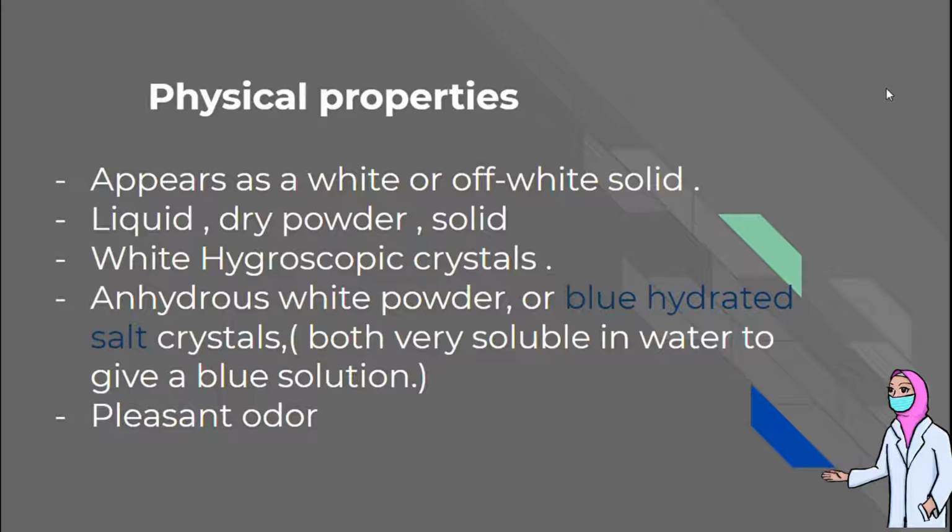It is also a liquid or dry powder or solid. The other names are white hygroscopic crystal and anhydrous white powder, or blue hydrated salt crystal. But both of them are very soluble in water to give a blue solution. Copper sulfate also has a pleasant odor.